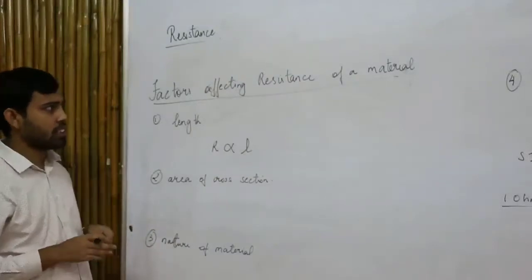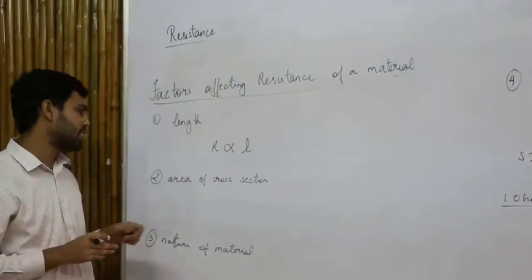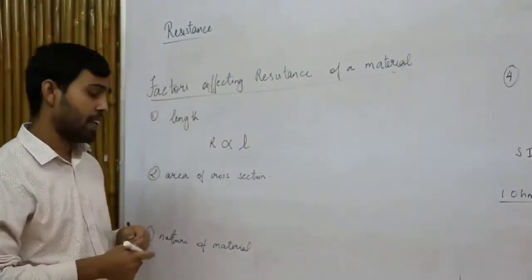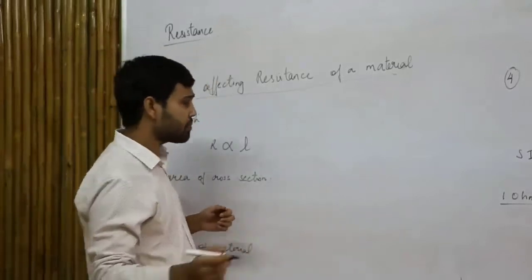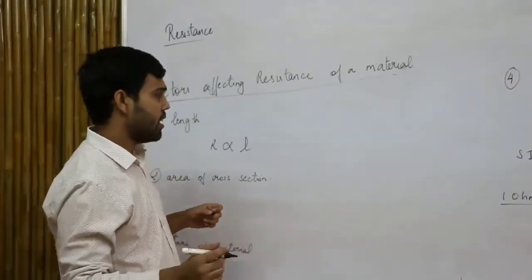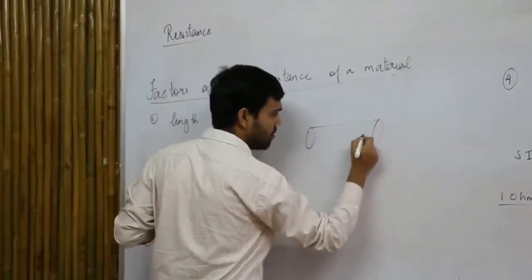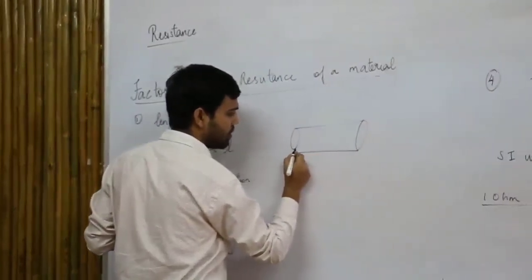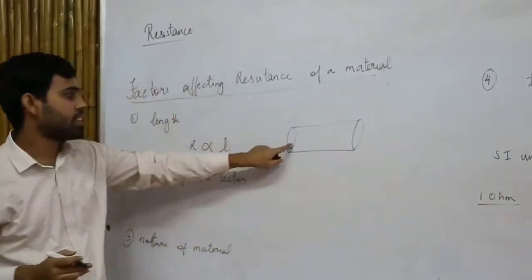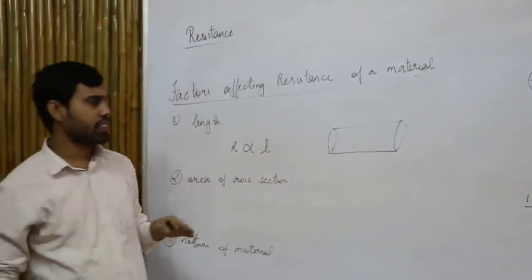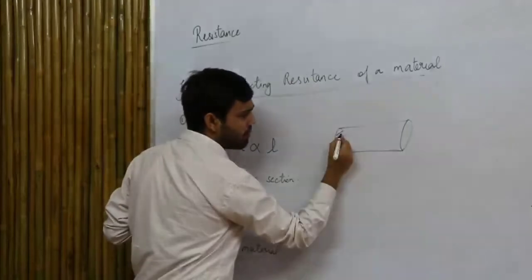Another factor which affects the resistance of a material is the area of cross section. What is the area of cross section? Usually conductors are cylindrical in shape. Generally, not all the time, but I am taking it to be cylindrical. So what is the area of cross section? It is the area of this region.